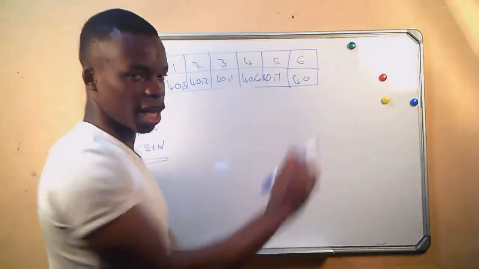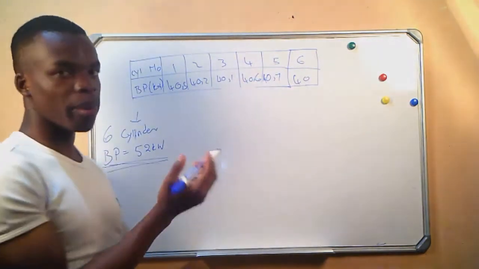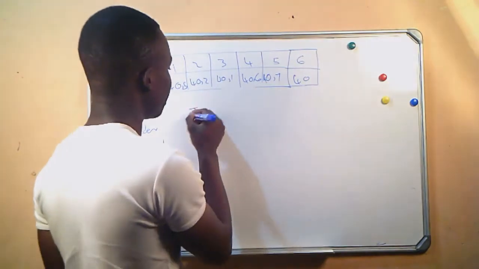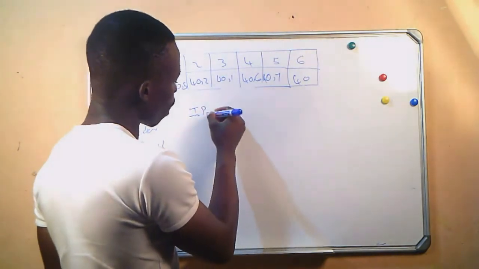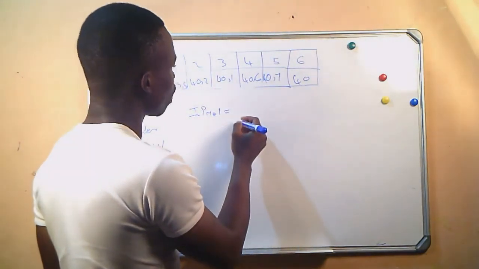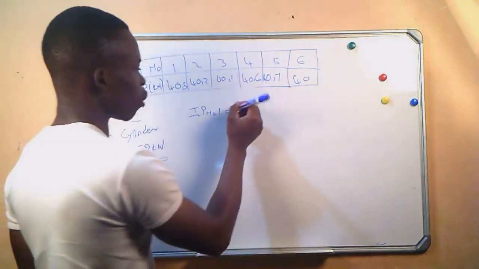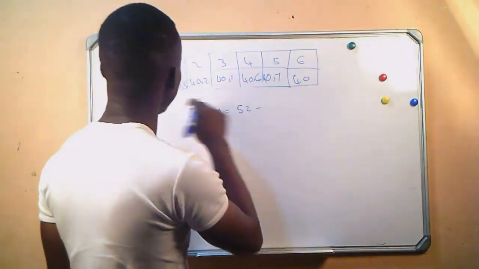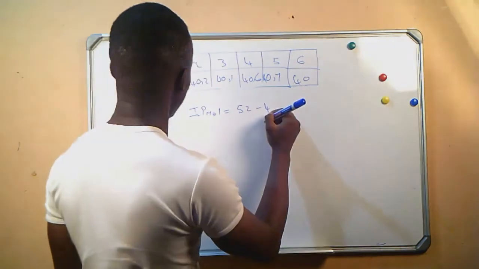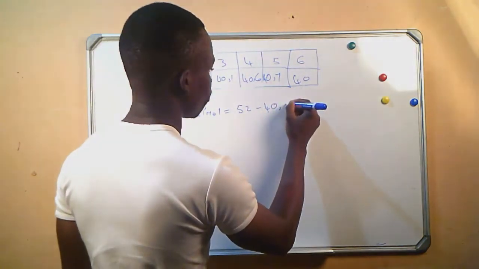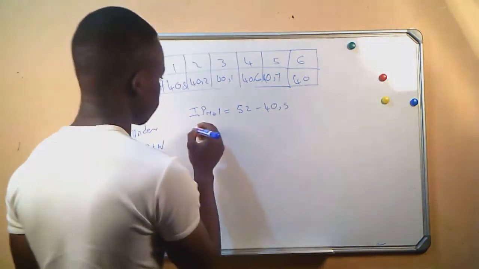Since we already have the information and we have the brake power, indicated power number 1 will be equal to the original brake power, which is 52, minus, we start with number 1, which is 40.5.